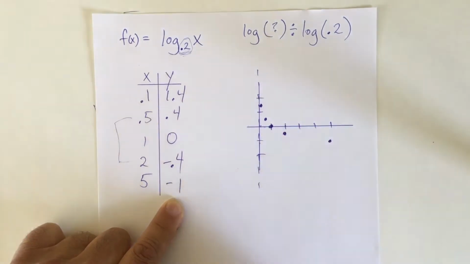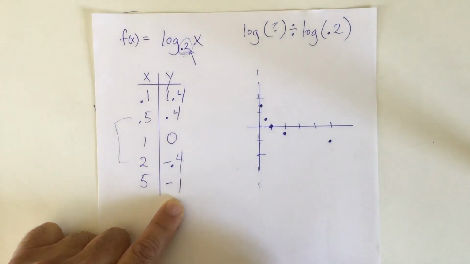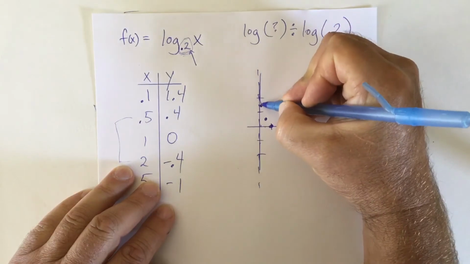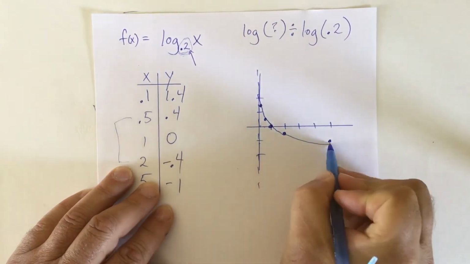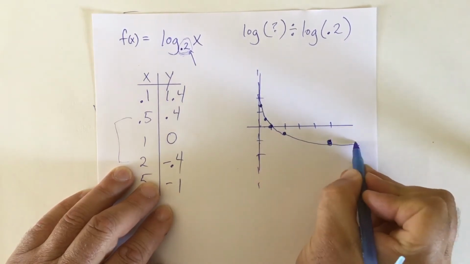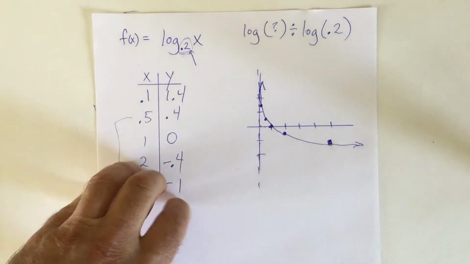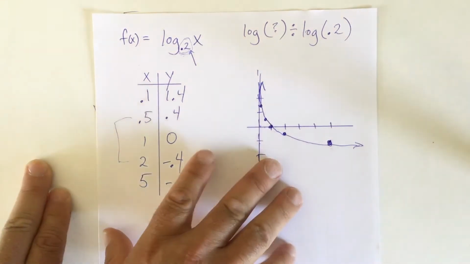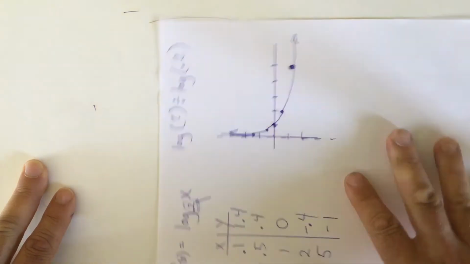Now this is what happens when you have a base number that's less than 1. You get this look. You get the log, but instead of going up, oop, I missed that dot. Make that dot bigger. There. And this goes up forever. It's asymptotic. So hey, guess what? Just like we had with exponential stuff, we had growth and decay.